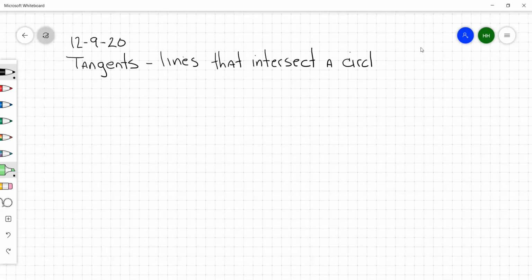Lines that intersect a circle in exactly one place, or in exactly one point.